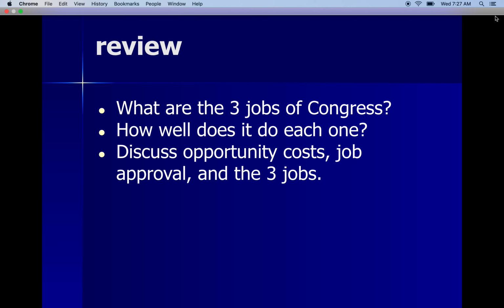He said it was because everybody was focused on impeachment. So you focus on one thing, that means you're not focusing on something else. If they spend all their time here at home serving their constituents, they're not making laws. So the more time they spend on one, the less time they spend on others. What I mean by that is opportunity cost.